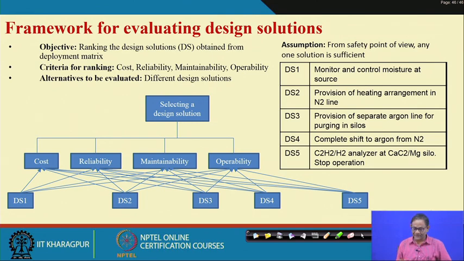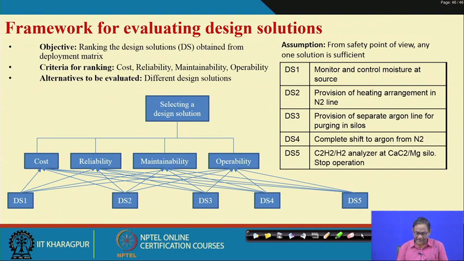Now, we are assuming that for a particular hazard to be addressed, there could be more than one design solution that may ultimately prevent the accident scenario from happening.